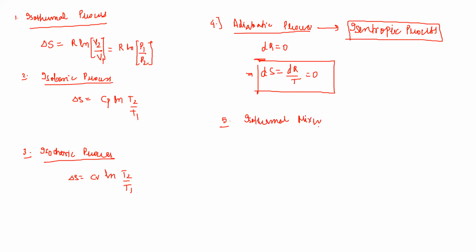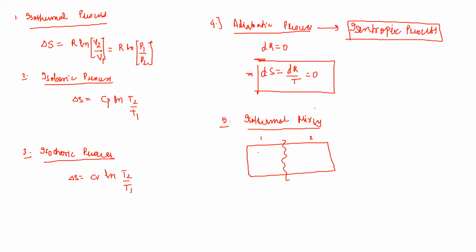Okay. Isothermal mixing. So when isothermal mixing takes place, then in that case, let's say you have a big container with two chambers, chamber 1 and chamber 2.